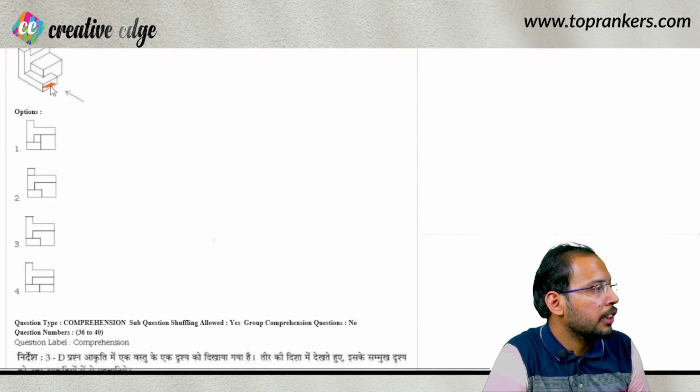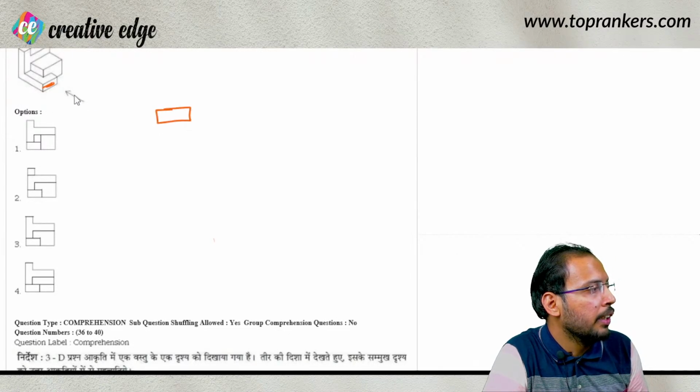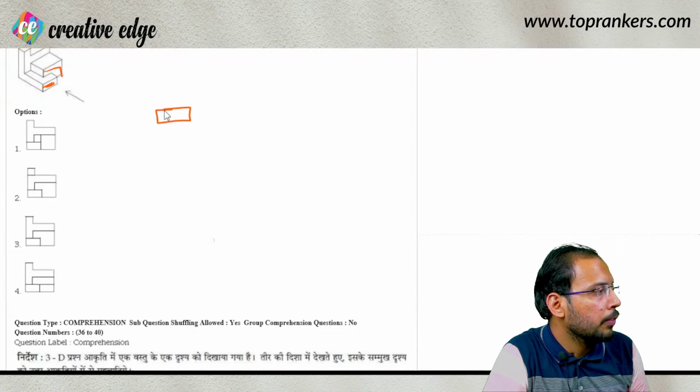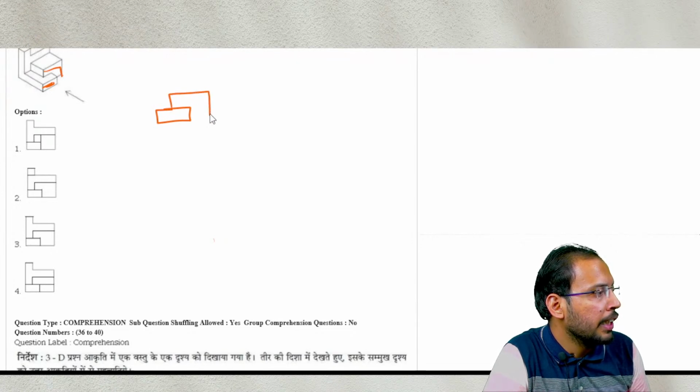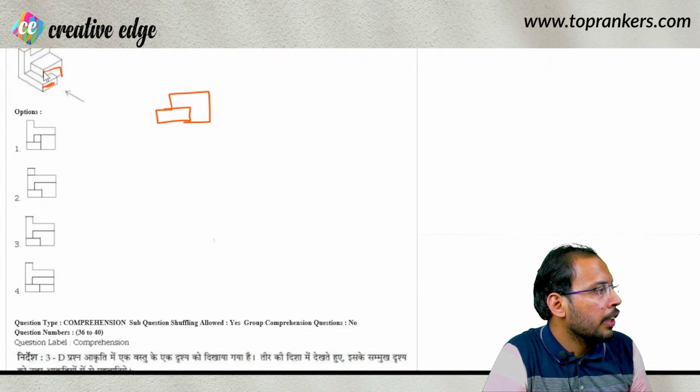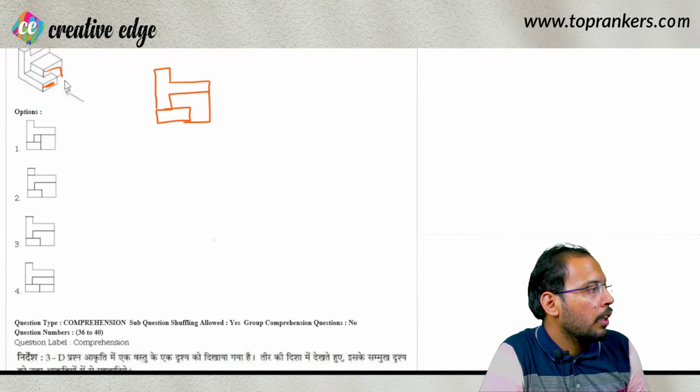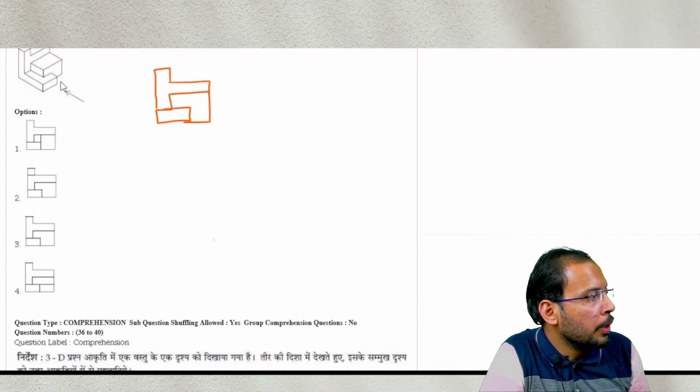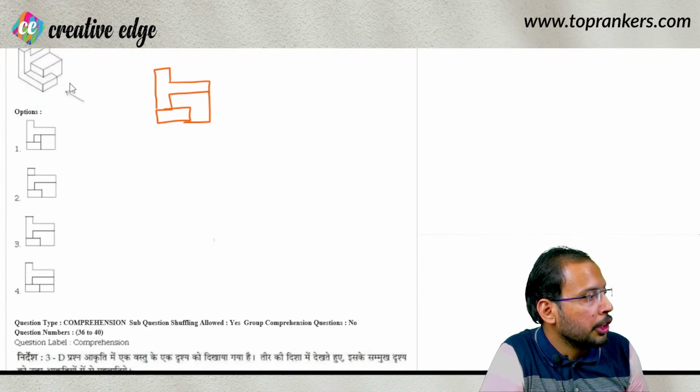So I will have this square rectangle, then I will have this shape, तो जो आपका कुछ ऐसा दिखेगा. Then I will have this T type of shape, तो वो आपको कुछ ऐसा दिखेगा. I hope everyone is able to understand the way I am approaching this question.